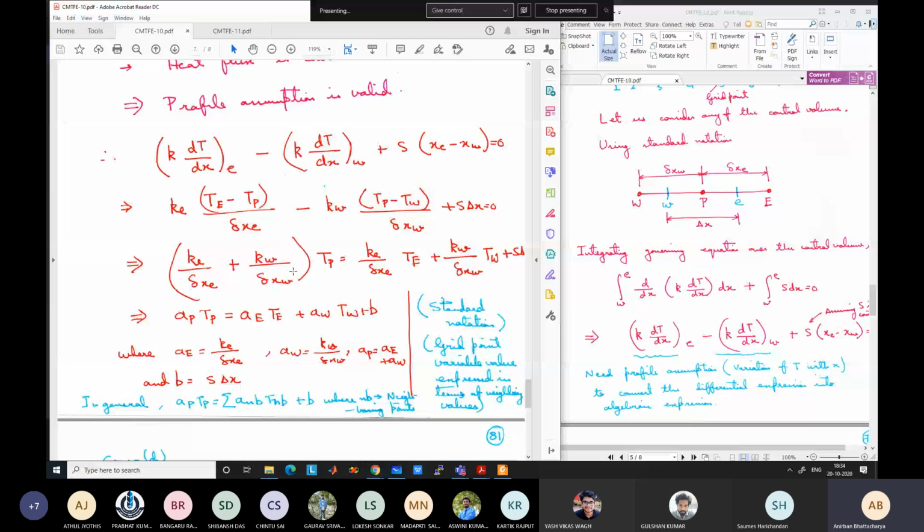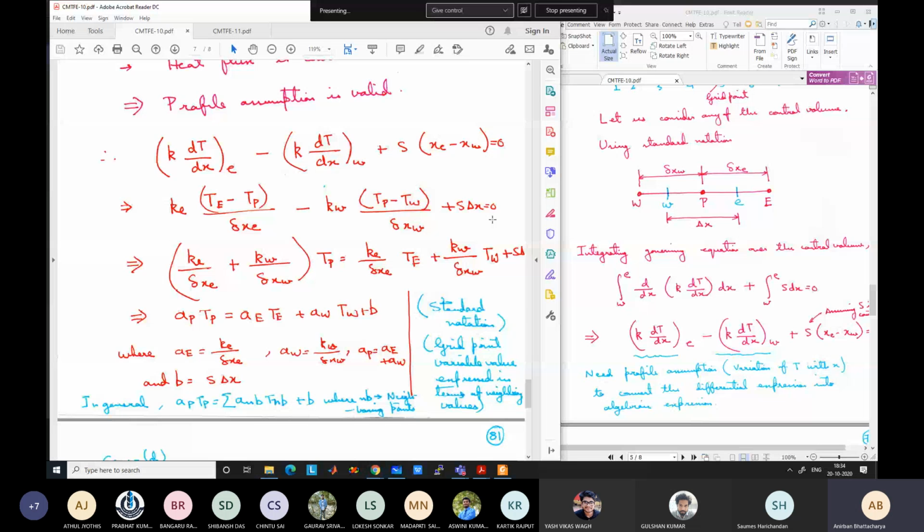The source term is also a given property, like we know what is the heat source, or we have to derive what is the heat source or any other source. Say for example, heat is generated due to friction. We know how much friction is occurring. We'll put some equation for friction, say based on some velocity or something else. Okay. So S into delta X is also known, so B is also known. So the only unknowns are TP, TE, and TW. Okay, one equation, 3 unknowns.